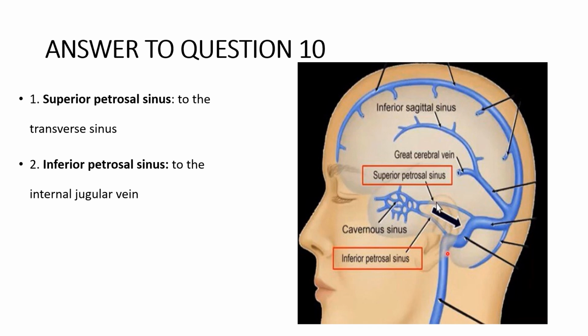Just as a recap, we looked at what the cavernous sinus is and its location. We said that the cavernous sinus is found adjacent to the body of the sphenoid and to the sella turcica. We looked at certain important structures that go through the cavernous sinus.